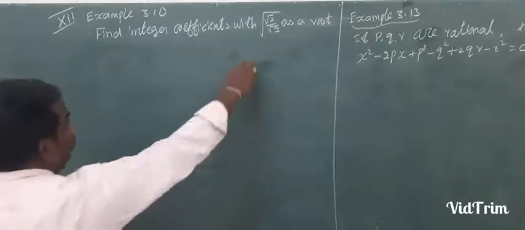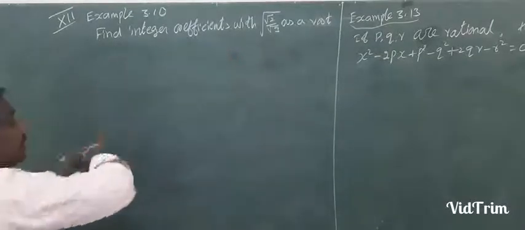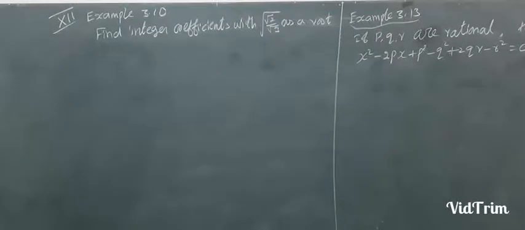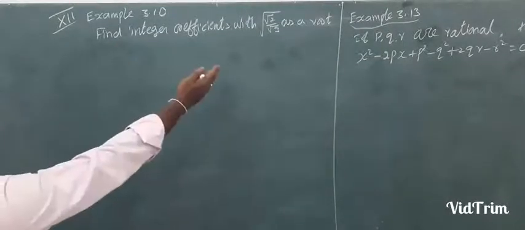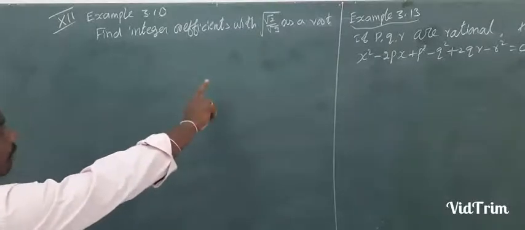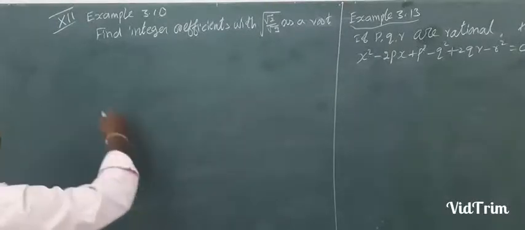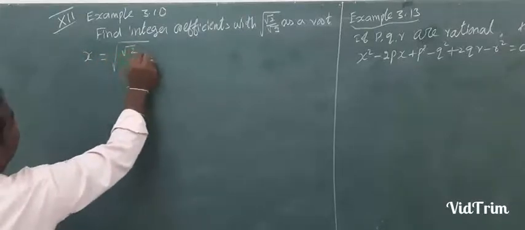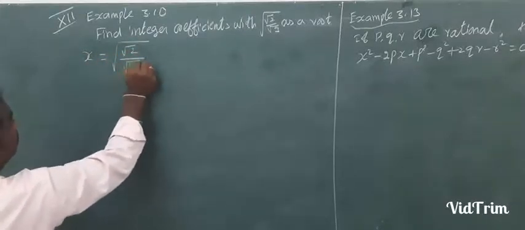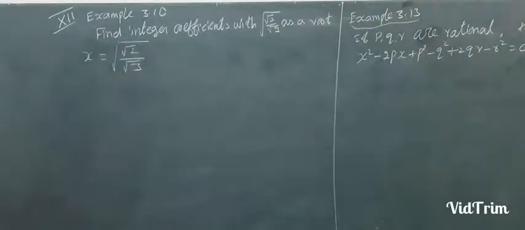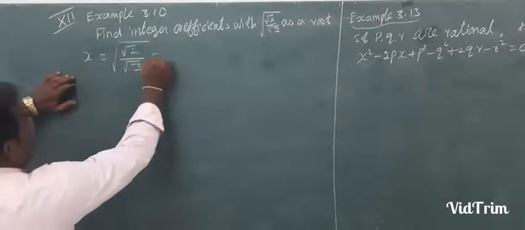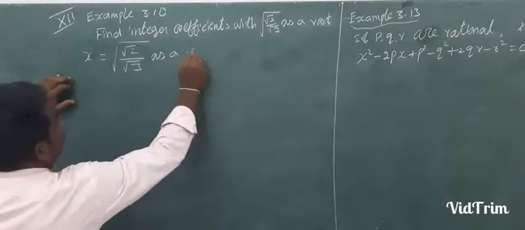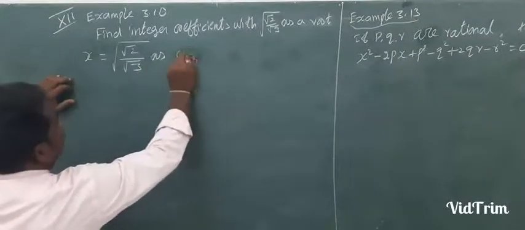So this is the one root given, because that is the leading one in the polynomial equation. You just understand that this is one value of the polynomial equation, that is x is equal to square root of root 2 by root 3 as a root.